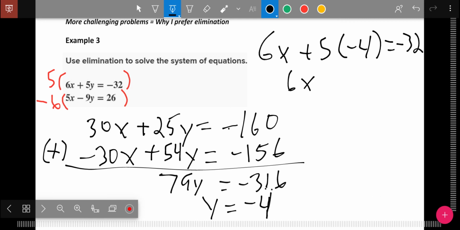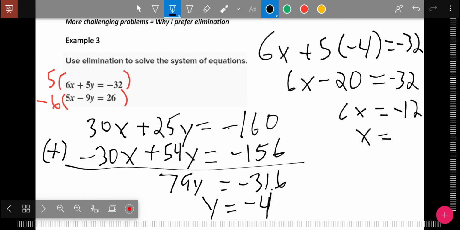So 6x minus 20, because 5 times negative 4 is negative 20, equals negative 32. Add 20 over, I get negative 12. Divide by 6, I get negative 2. And so my answer is negative 2, negative 4.